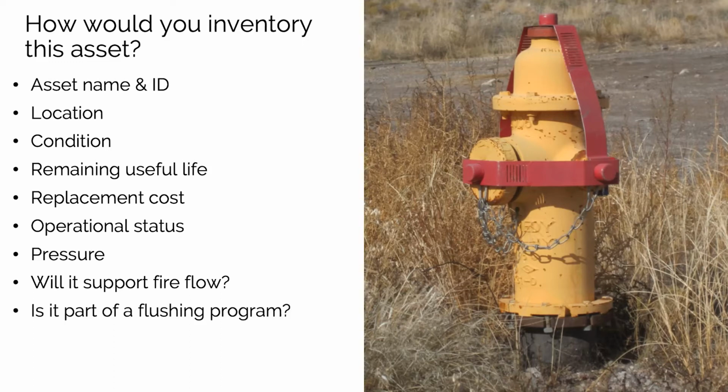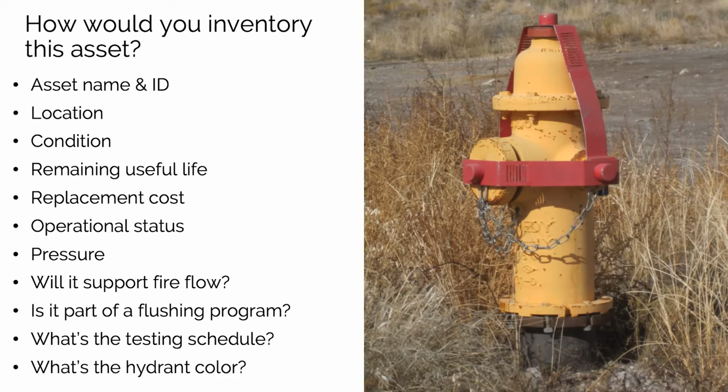Size of connection valve, whether it's part of a flushing program, is it on a testing schedule, what does the color mean? There's all sorts of things that you could collect about this that would be useful. You don't necessarily have to collect all of this information, but you should be collecting and tracking information that's important to you. For this one, maybe who's got the keys to that lock would be important.